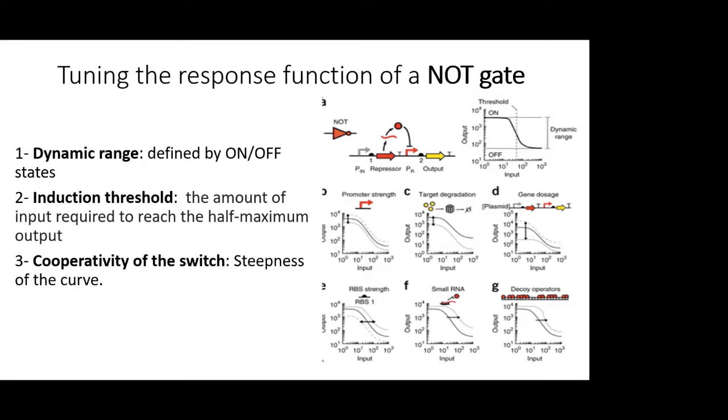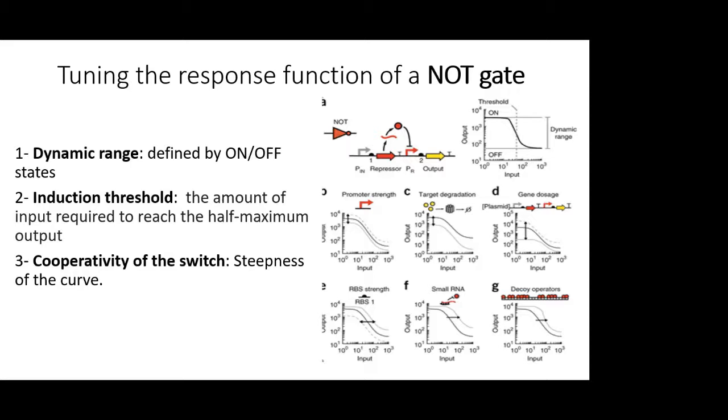And the induction threshold, I told you, defines the input concentration that defines the transition between the two states. Before the threshold, in this example, as I explained in the graph, you have the on state. If the input increases a little bit more, you have the off state.